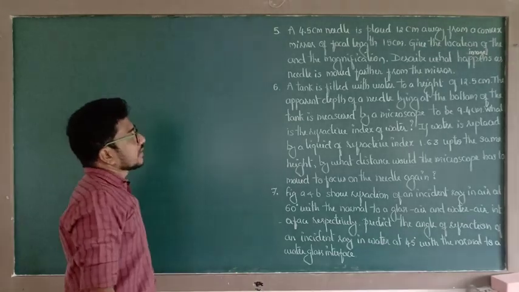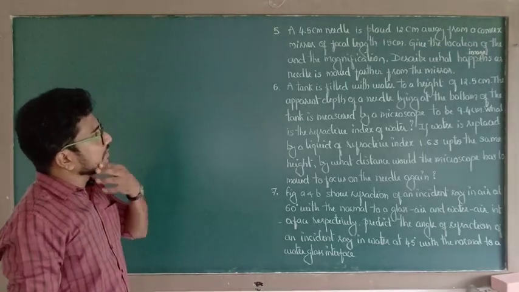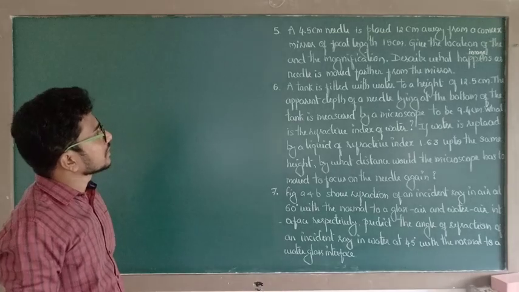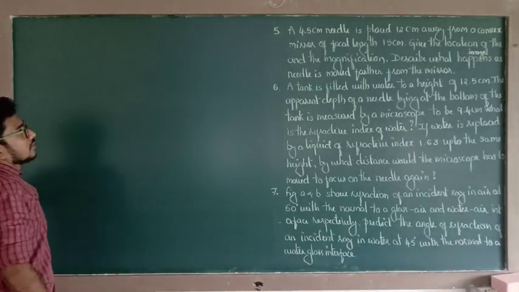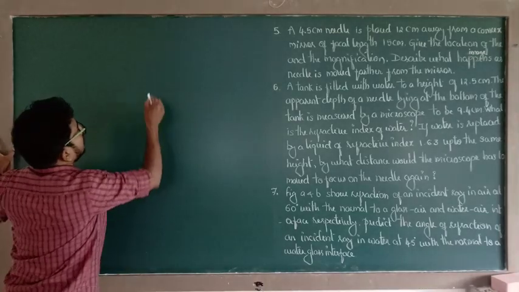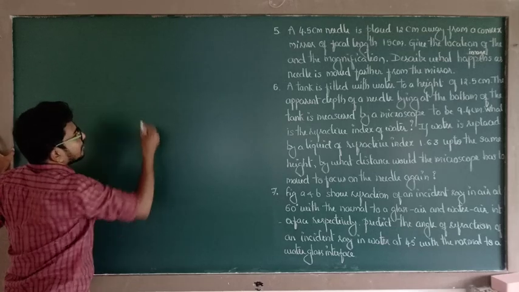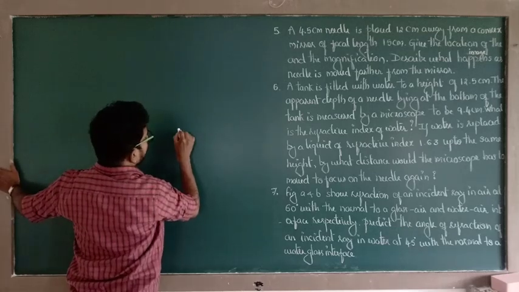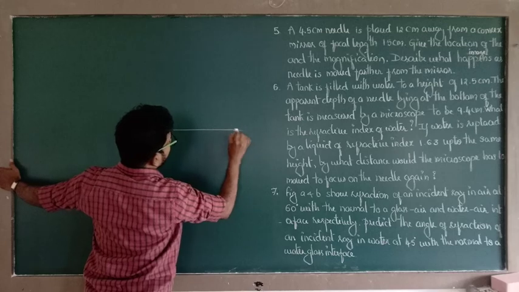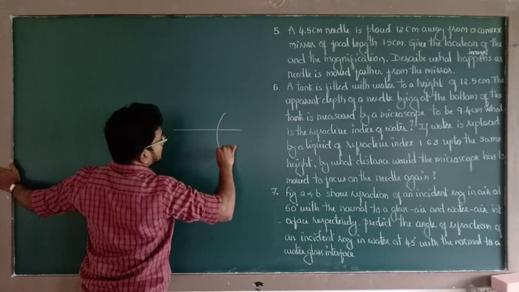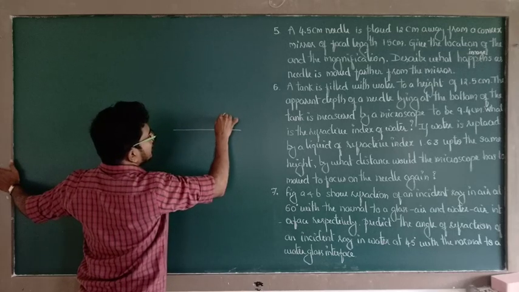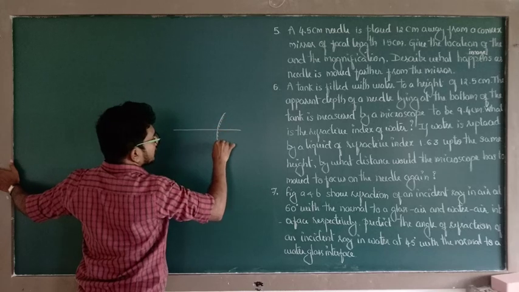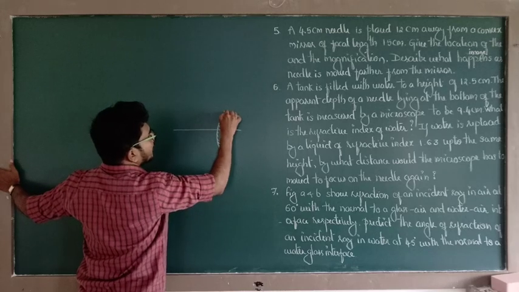So let us plot a ray diagram in case of a convex mirror, a convex spherical mirror. Here the inner surface is opaque and the outer surface is reflecting.